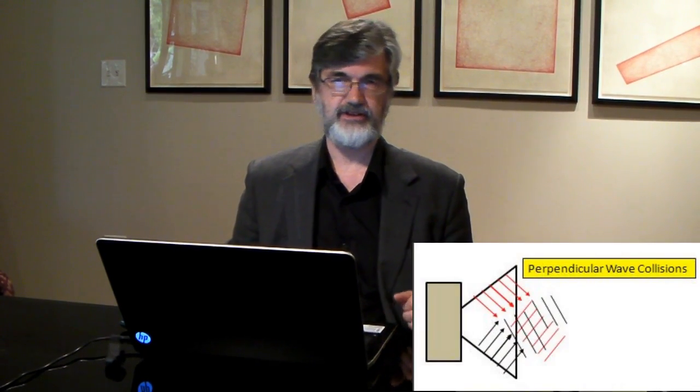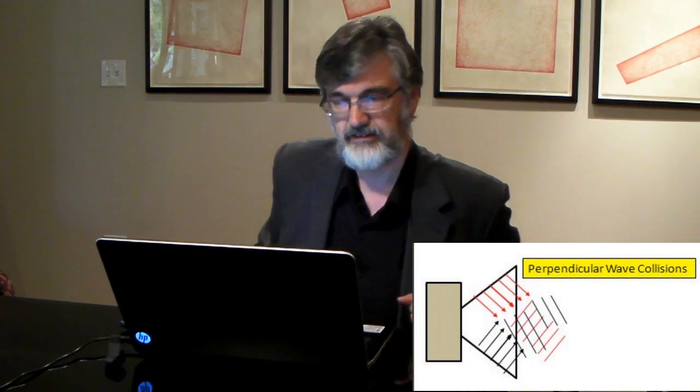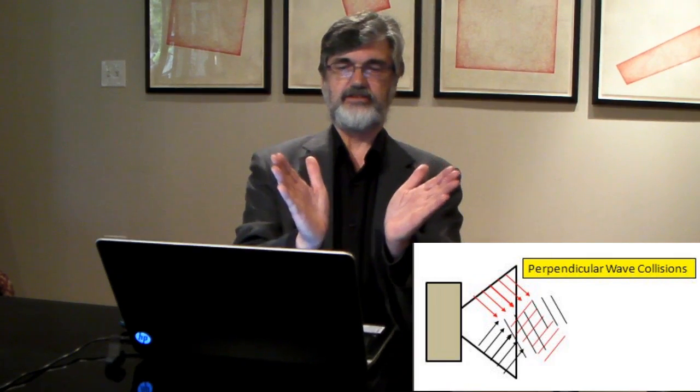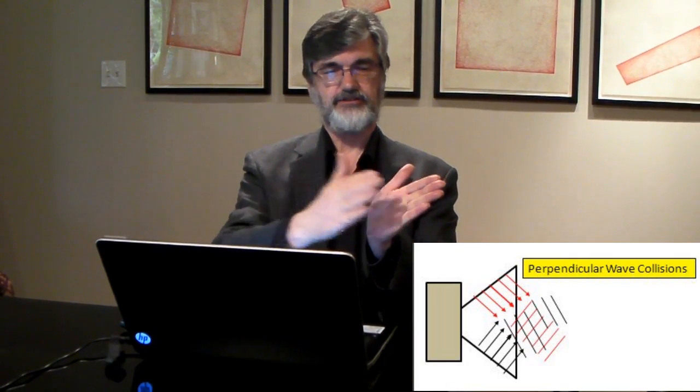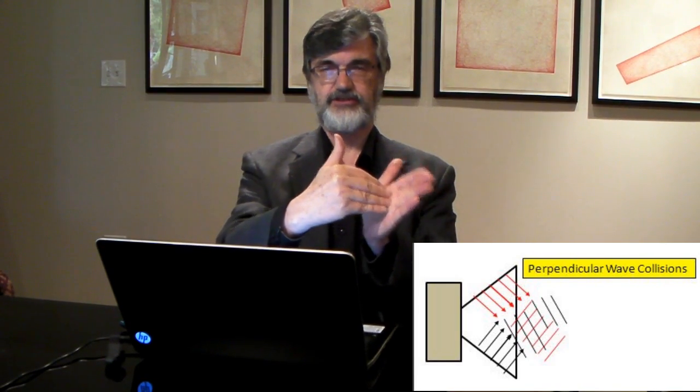Now that's only one way in which a cone speaker has problems having high fidelity. If we go to the next slide, it's called perpendicular wave collisions. Now in physics, when something moves and creates compression waves, it tends to emit those waves at a right angle to the surface moving.